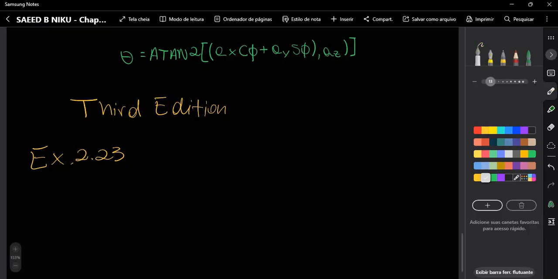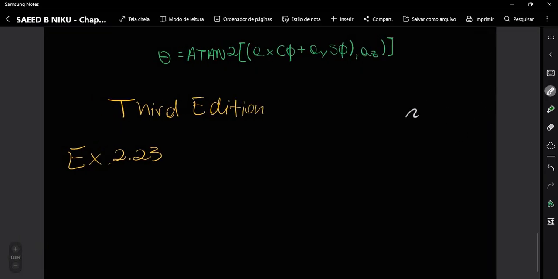Alright, so it says that the desired orientation of the hand of a Cartesian Euler robot is given.